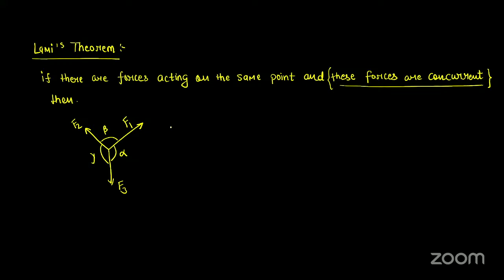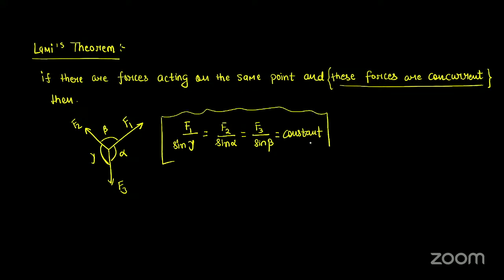So according to Lami's theorem, F1 upon sine gamma, the sine of the angle between the other two forces, equals F2 upon sine alpha, equals F3 upon sine beta, will be a constant quantity. Got it? Will be a constant quantity.